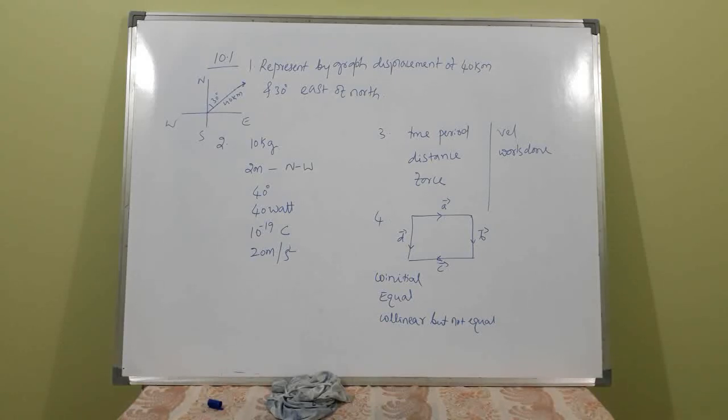Co-initial vectors are A and D. Equal vectors are B and D; see, the magnitude and direction are the same. Collinear but not equal: A and C are parallel but not equal. So that is the fourth question.